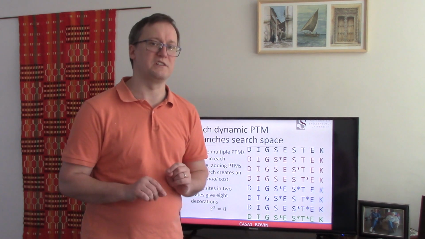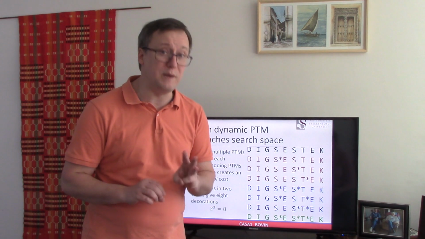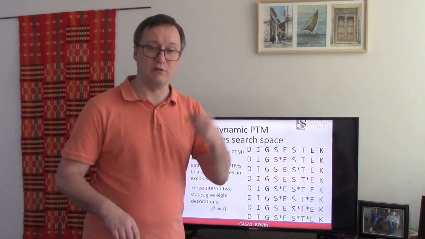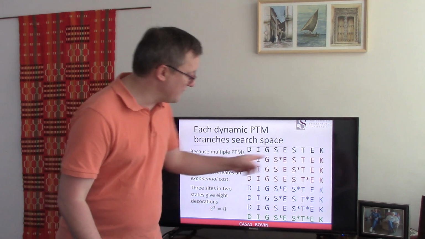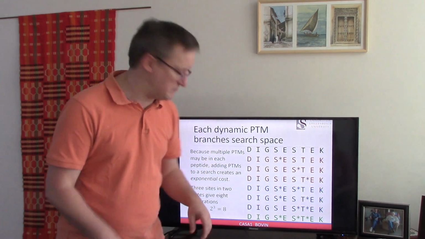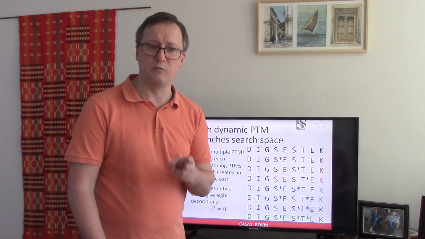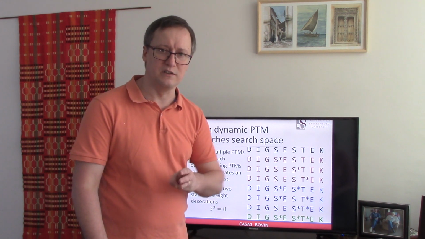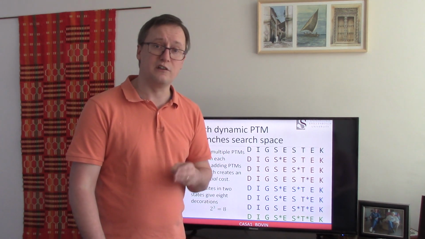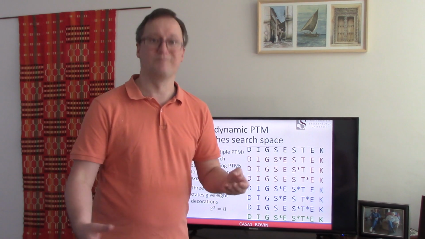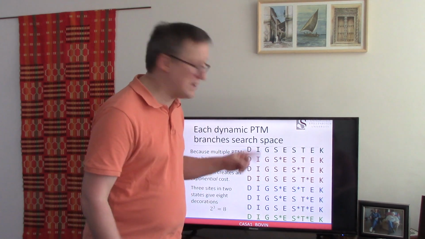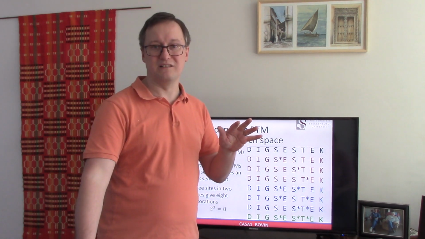How much worse does this get if we consider all 3 possibilities for each serine and each threonine? Well, we don't have any tyrosines to worry about in this peptide. So that would mean that we have 3 different masses that we must consider for each of those amino acids at 3 different positions. 3 to the 3rd is 27. So this one peptide becomes 27 peptides.